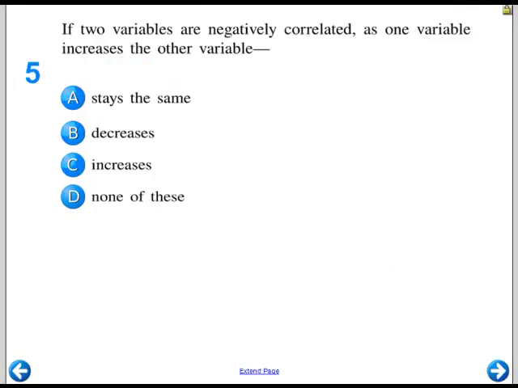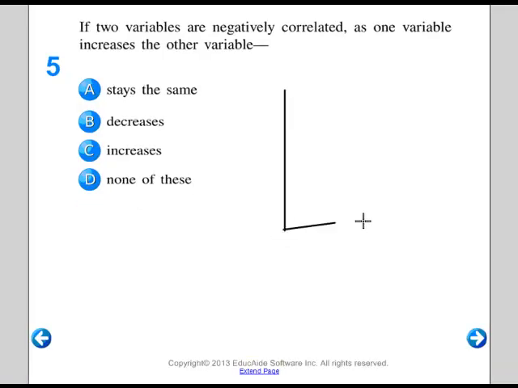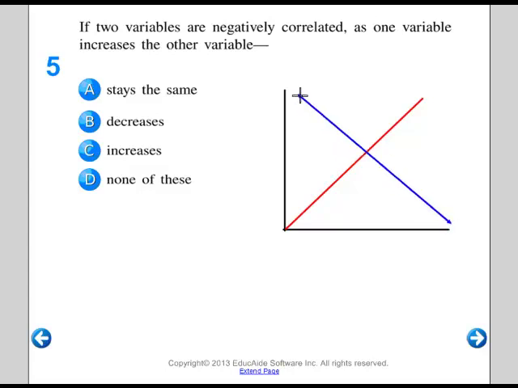Okay, number 5. If two variables are negatively correlated, as one variable increases, the other variable does what? Well, we know from our vocabulary that we have our y-axis and our x-axis. We know from previous learning that a positive slope is up and to the right, where a negative slope is up and to the left.